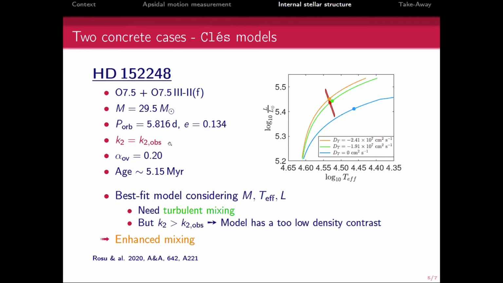And what we have done is that we have built some stellar evolution models with the Clés code, which is developed at our department in Liège. And we have searched for best fit models for the stars. Best fit in the sense that we had to reproduce the mass and position in the HR diagram, and we used three parameters, notably the age of the stars, the initial mass of the stars, as well as the turbulent diffusion.